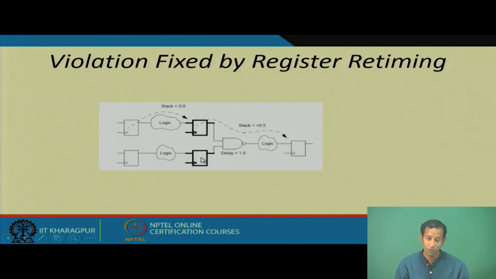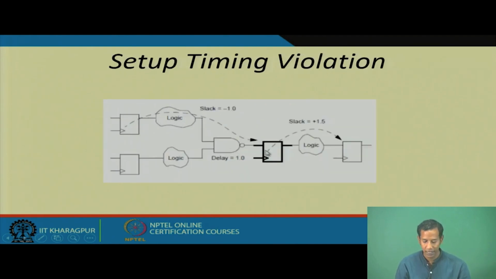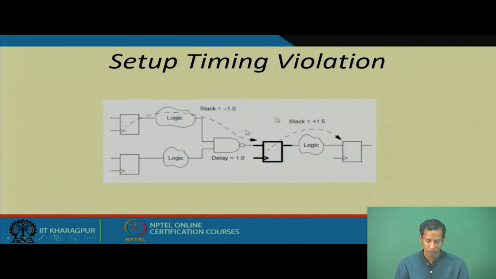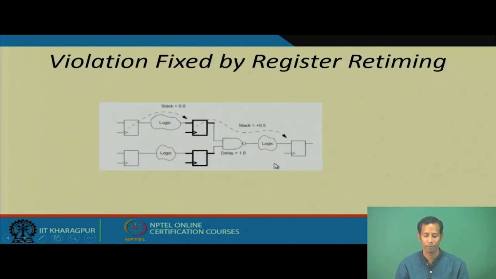But we have taken the registers out from before the NAND gate, so we have to copy the registers into these two paths. We have to put one extra register in this path to fix the violation that was creating the problem. This particular technique is known as register retiming.